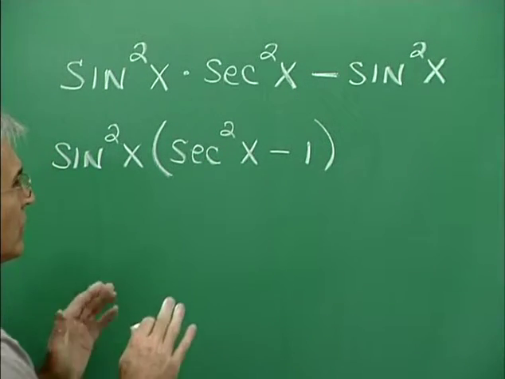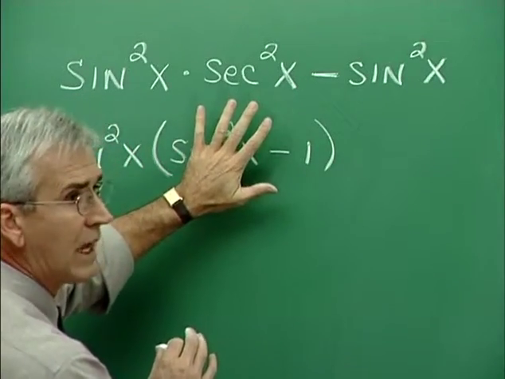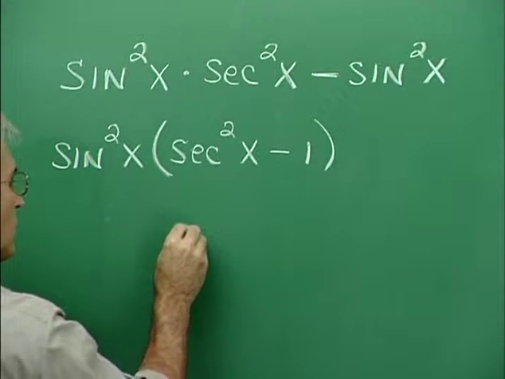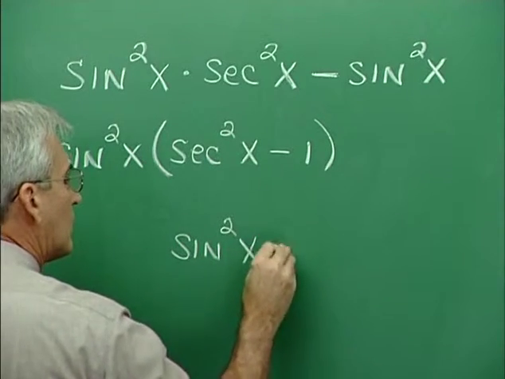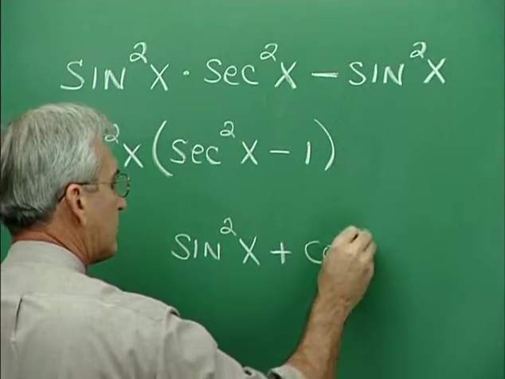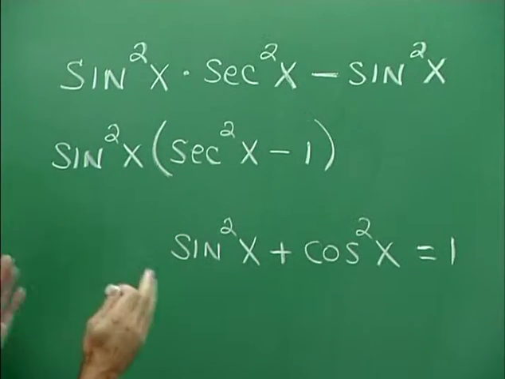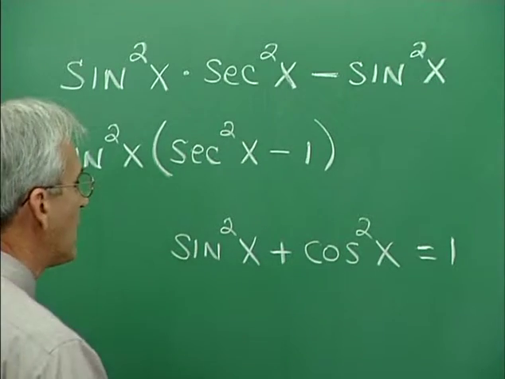Well, in order to decide whether this is replaceable using a Pythagorean identity, what you might do, again, is just go to sine squared x plus cosine squared x equals 1, and now just divide through by sine squared or cosine squared and see what emerges.